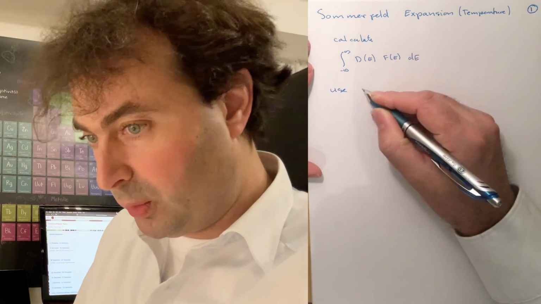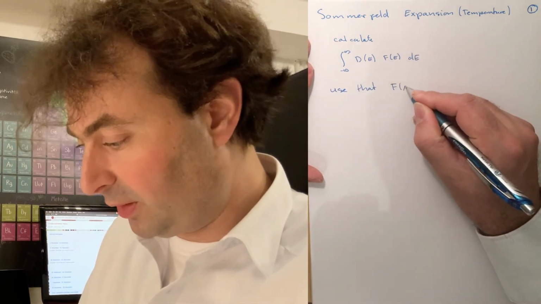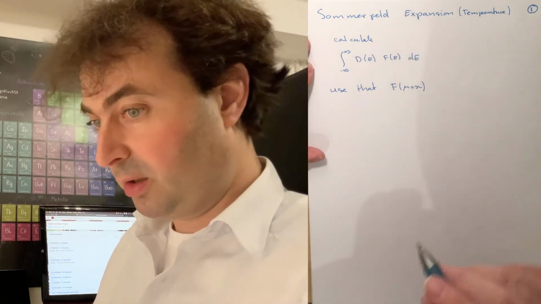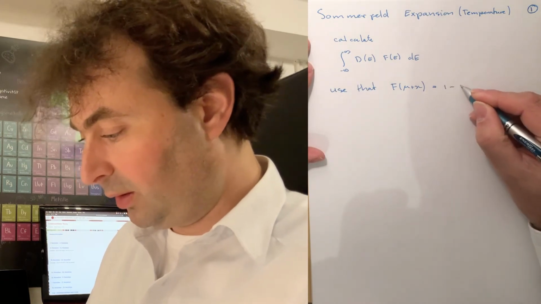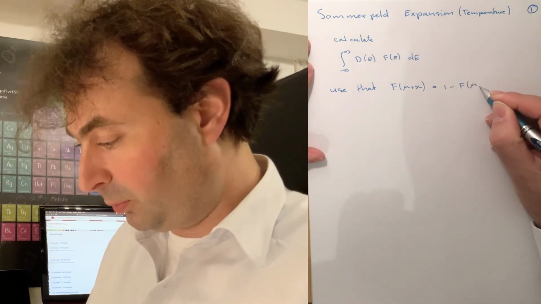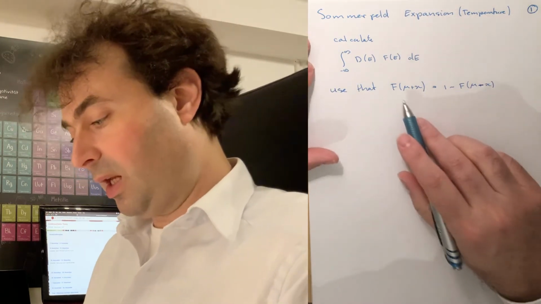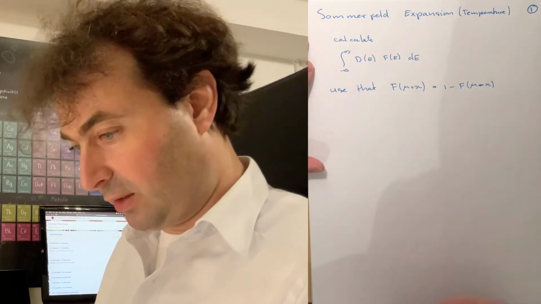And what we will use is that our Fermi function has a symmetry. If x is the energy away from the chemical potential, then we can express the Fermi function for mu plus x and mu minus x as f(mu plus x) is 1 minus f(mu minus x).